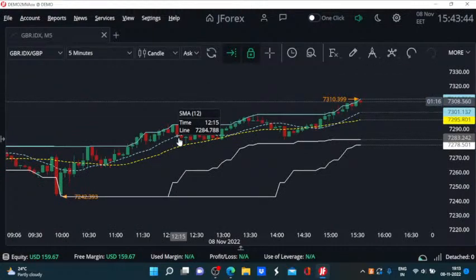So if you are bullish on the equity side, then compared to the US equity indices, the FTSE 100 is looking a lot stronger in relative terms. So it should be given preference if you are trying to look for buy trade opportunities on the equity side.